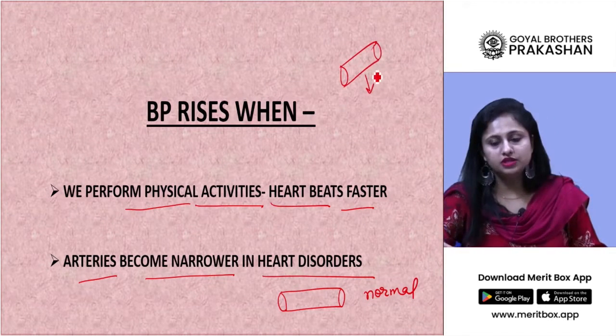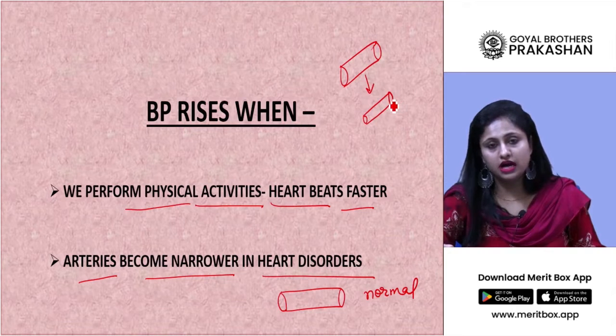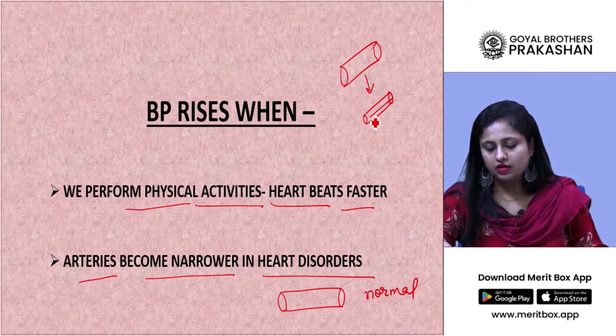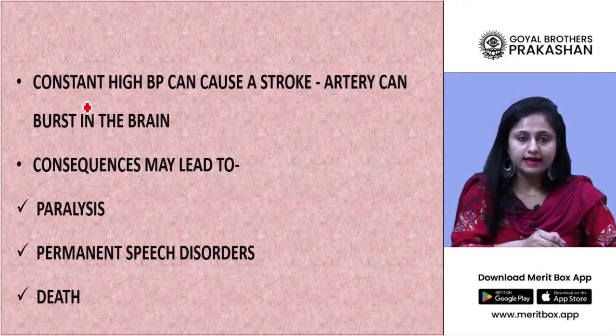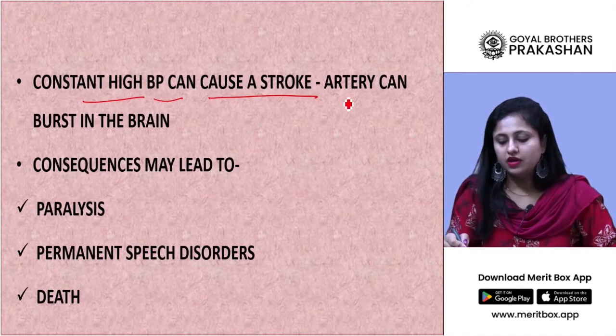And from this normal diameter, if the diameter of our artery reduces, it causes blockage or it exerts pressure on the walls of our arteries, right? Next, constant high blood pressure can cause a stroke.